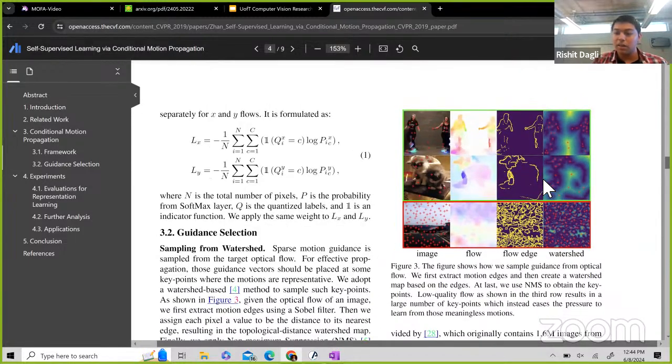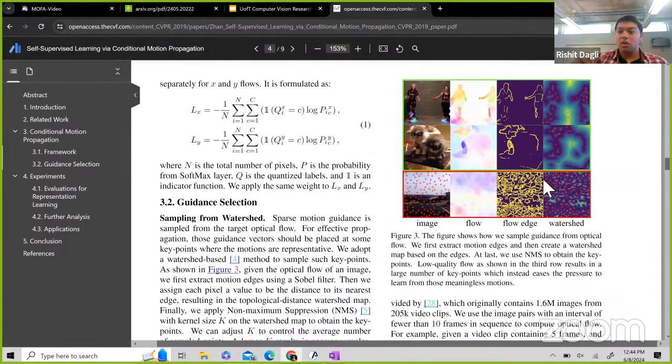Once you get the flow edges, do some kind of edge detection, then non-maximum suppression. So you get all of these regions where you have very thin edges, and those are the only things that you need to move, or approximately need to move, to get to the next frame.